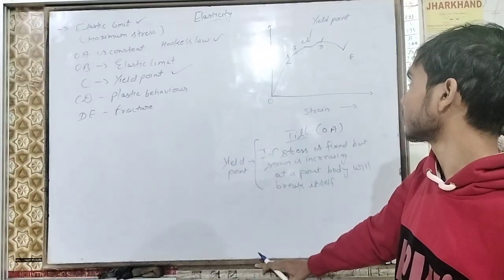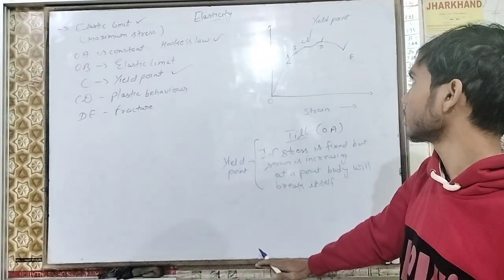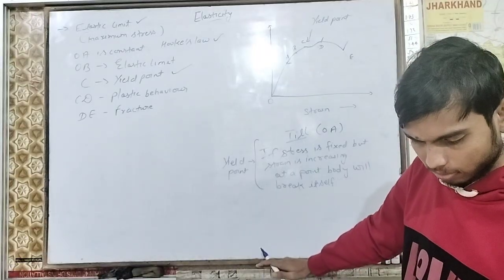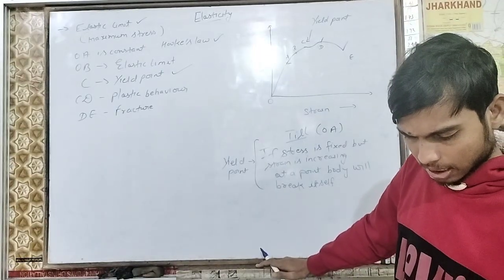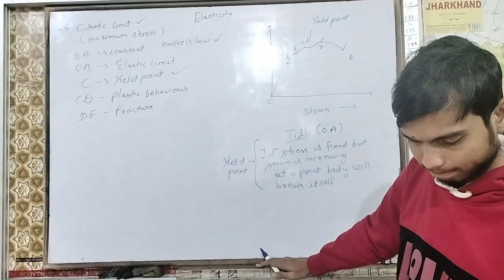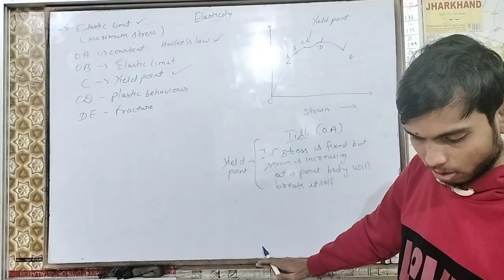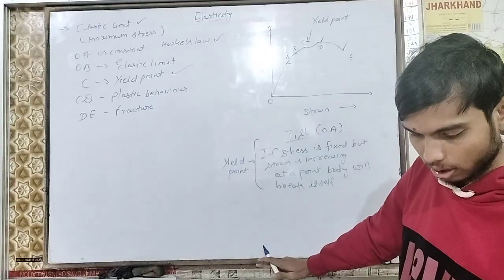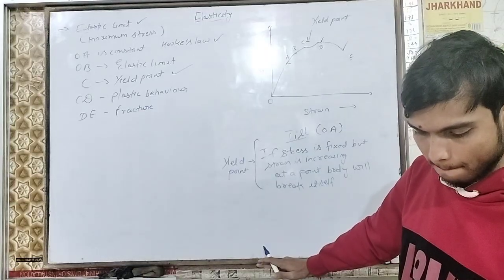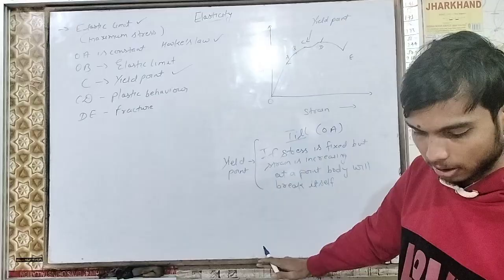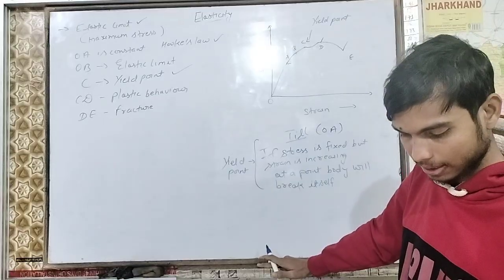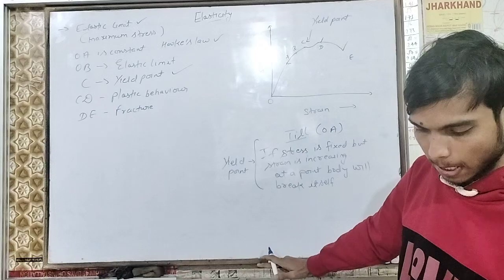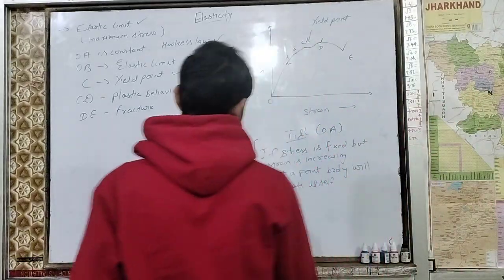From B to D, this is our plastic range. The material for which the plastic range CD is relatively high is called a ductile material.